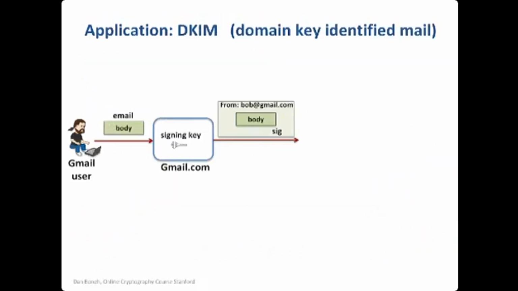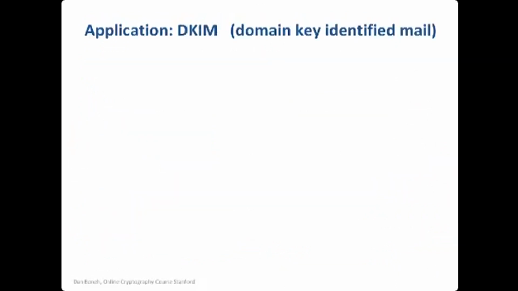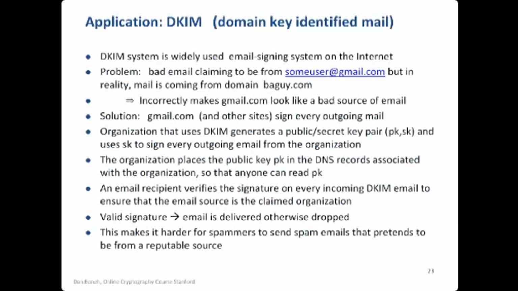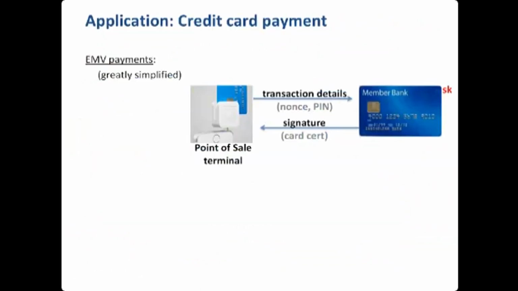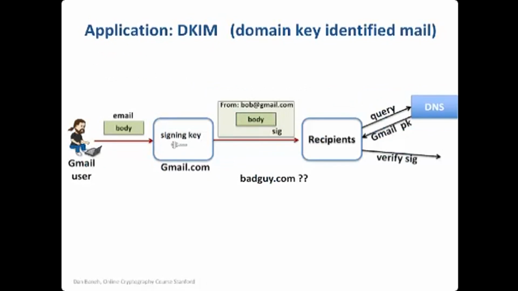Now, the system that we use is generally called DomainKeys Identified Mail. Now what may happen is, how do you know that the mail that you are getting is from gmail.com, not from badguy.com?